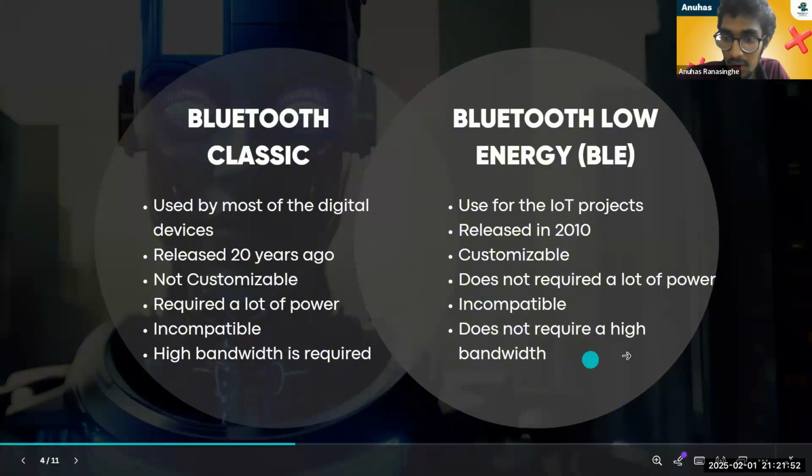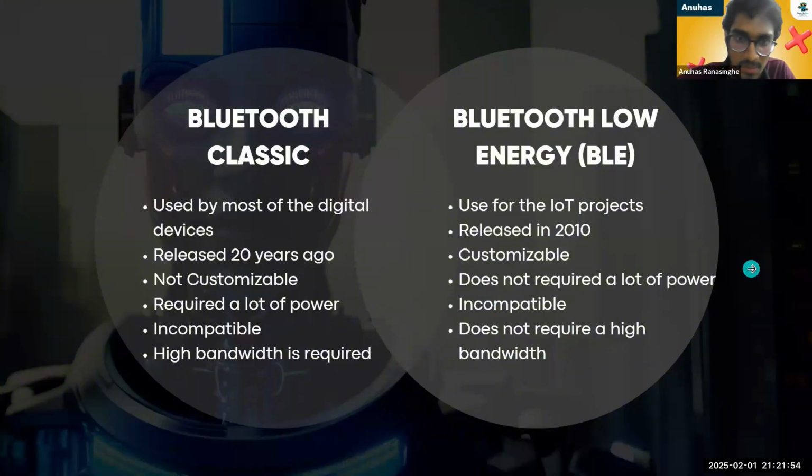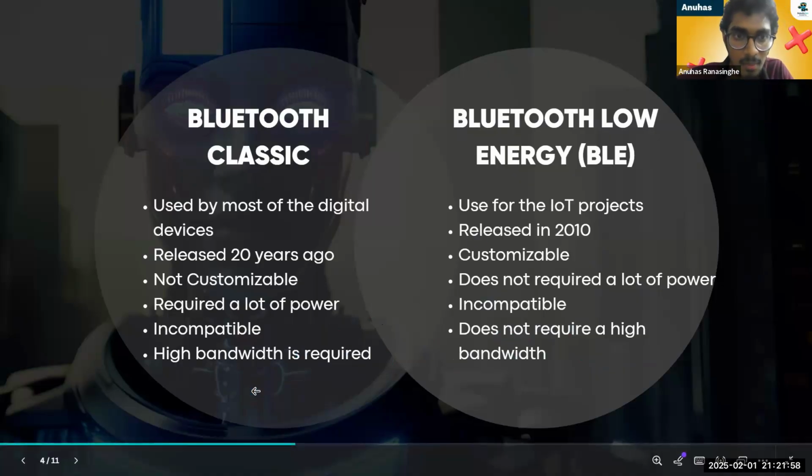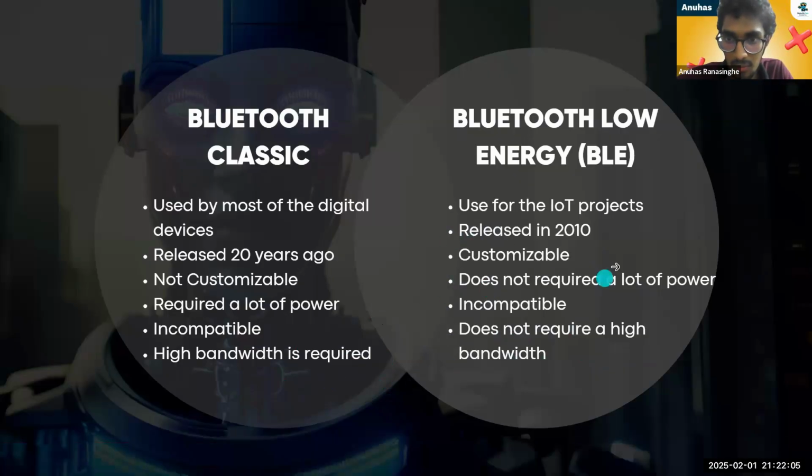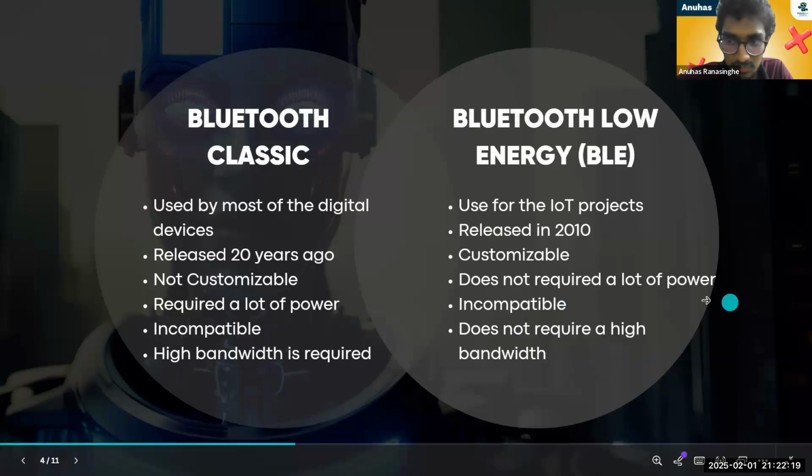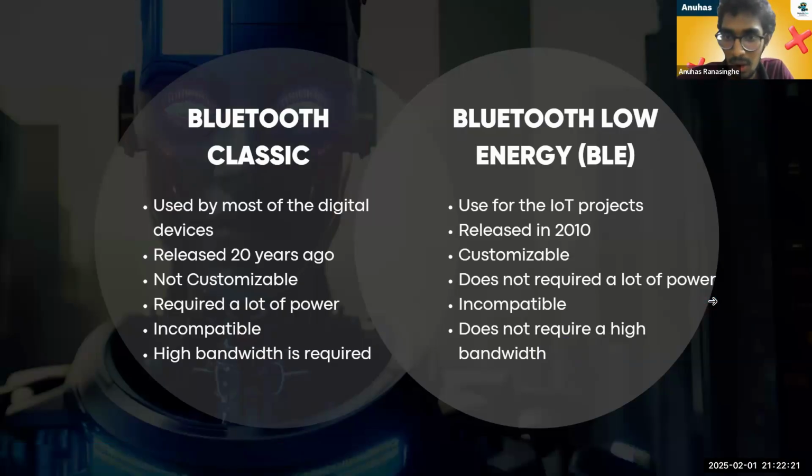Bluetooth Low Energy does not require high bandwidth to transmit data. That is the basic comparison between Bluetooth Classic and Bluetooth Low Energy. These are the main reasons: the customization of BLE, it does not require a lot of power to communicate, and it does not require high bandwidth. Those things are especially helpful for running IoT projects using BLE.